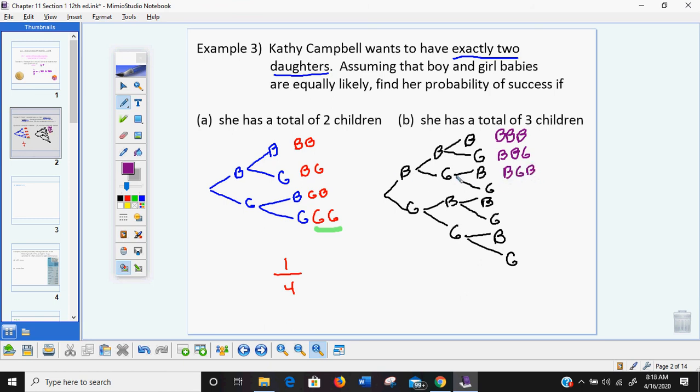Or boy, girl, girl. Then we switch down to the girl. It could be a girl, boy, boy. Or a girl, boy, girl. Or we could have a girl, girl, boy. Or the last one would be all girls.